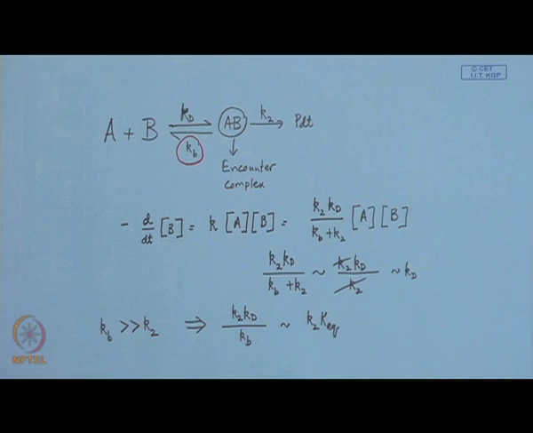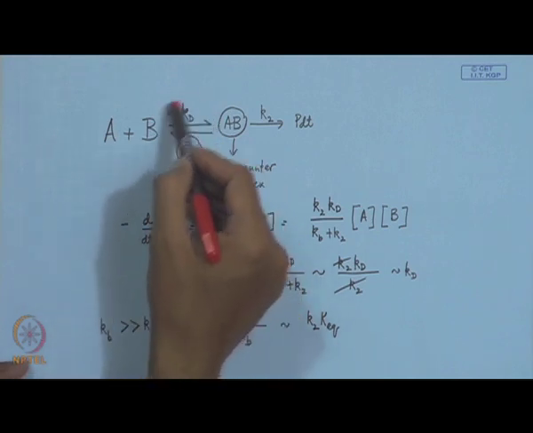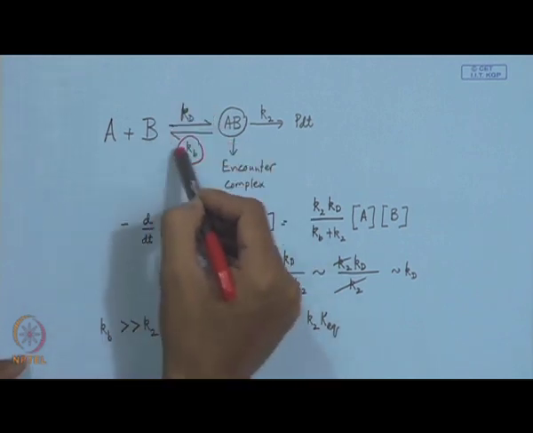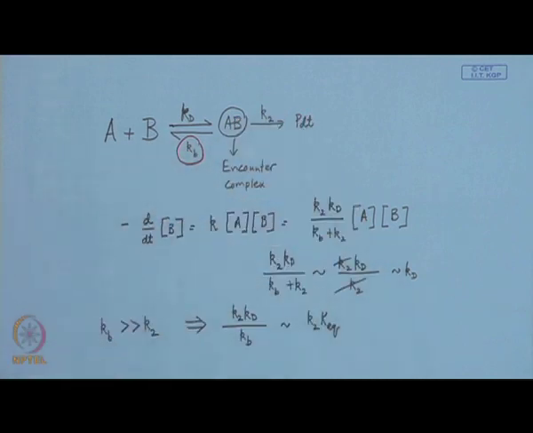But when the opposite situation happens, then it is a fast equilibrium, followed by a slow decomposition of your encounter complex to produce your product.